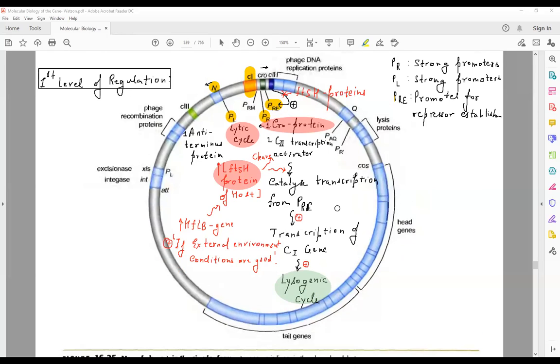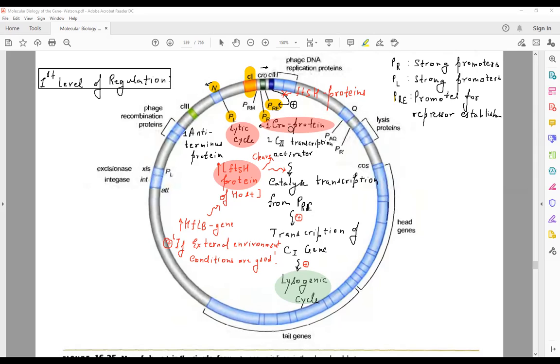For the sake of simplicity, we must know that this CRO protein has an ability to inhibit all the transcription of the genes right from the PL as well as the PR.